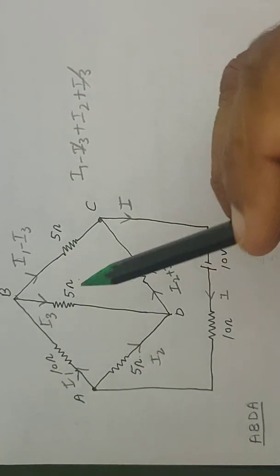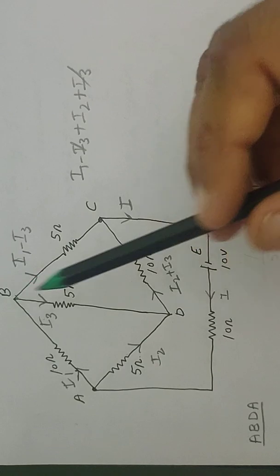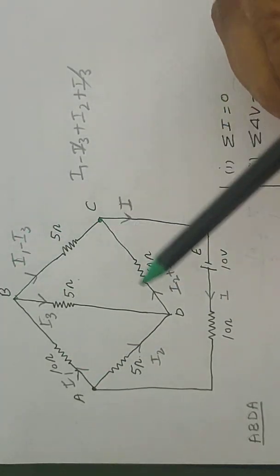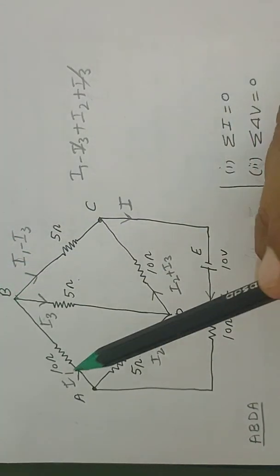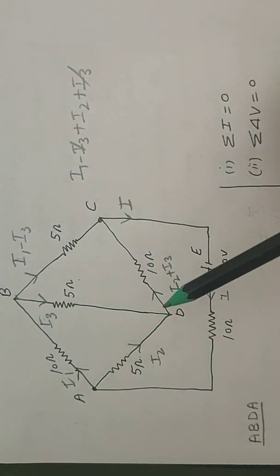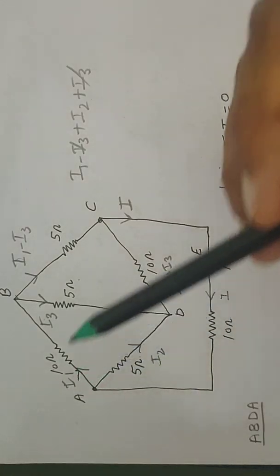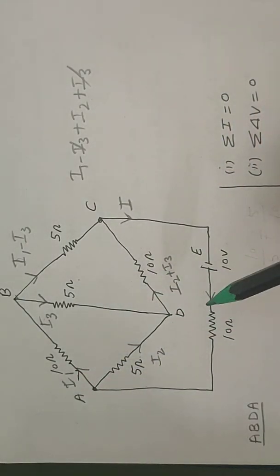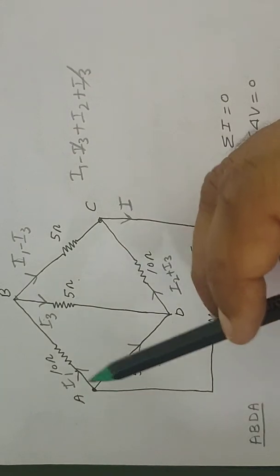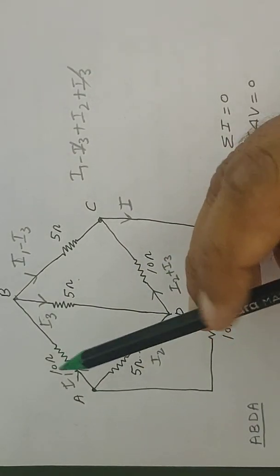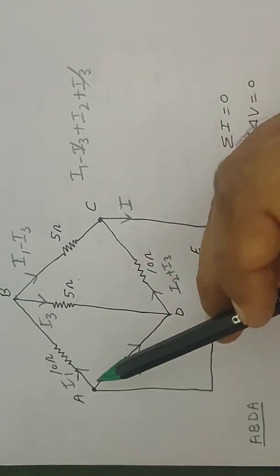First of all, we take loop A, B, D, A. Then B, C, D, B. After it, we take A, D, C, E, A. And the fourth equation we get from here, I current is coming here, it is divided into two parts, I1 and I2.